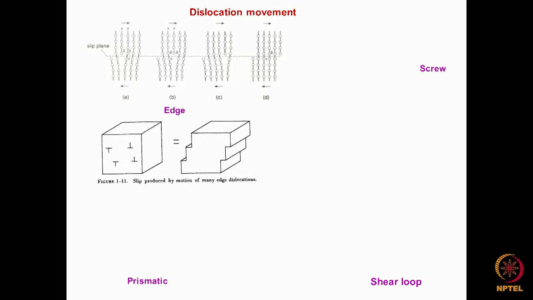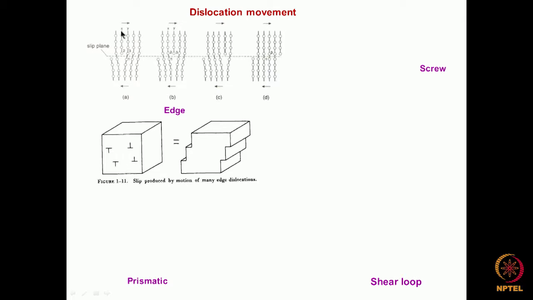Let us take the example of an edge dislocation. Here essentially a cross section for a simple cubic lattice is being shown, by applying a shear stress. This dashed line shows the slip plane.